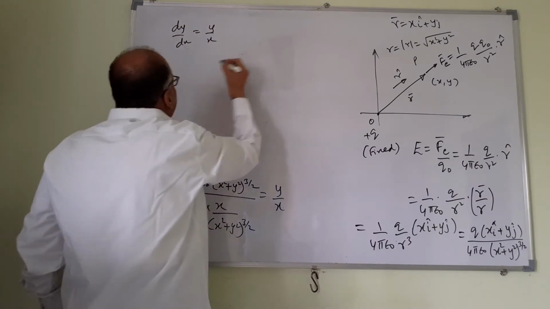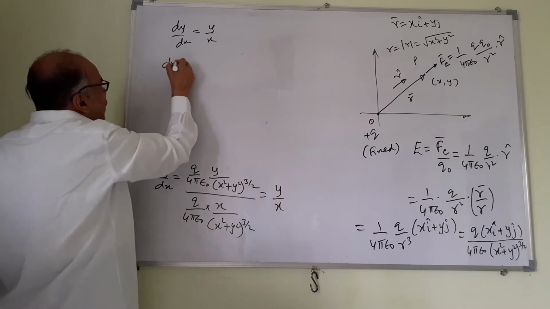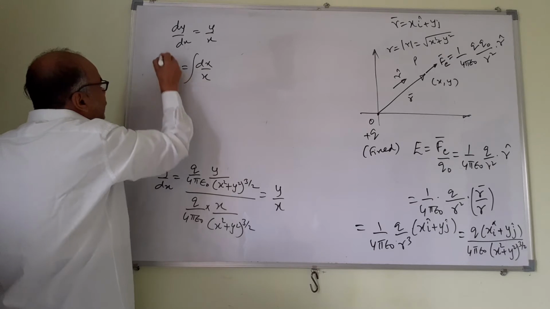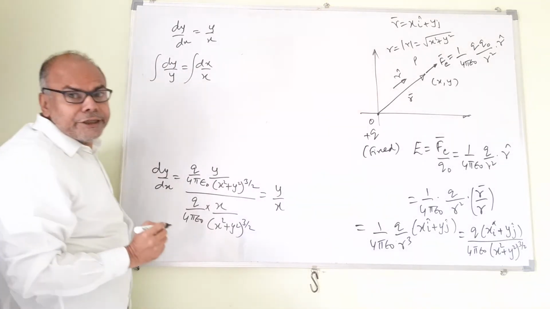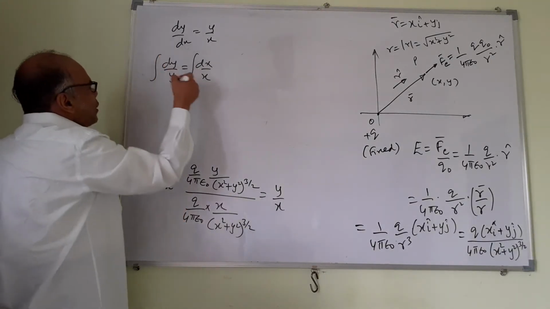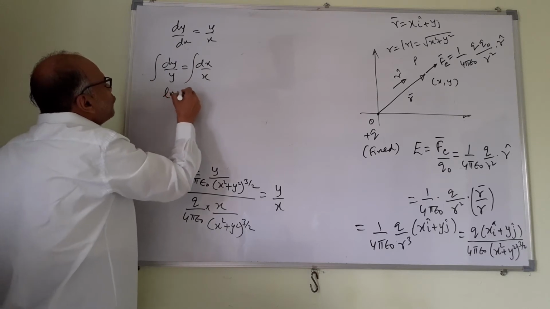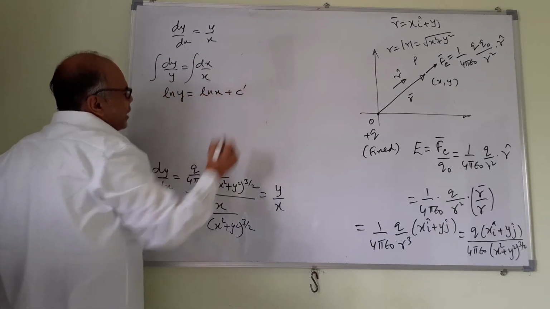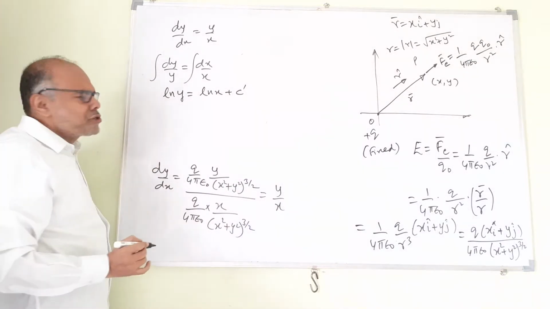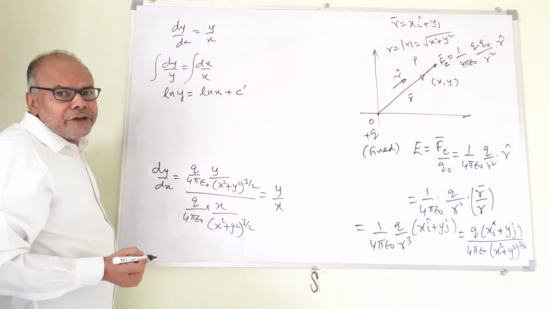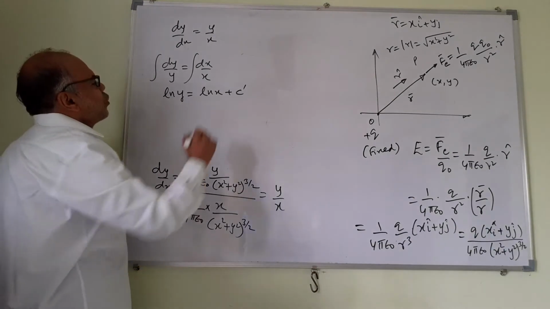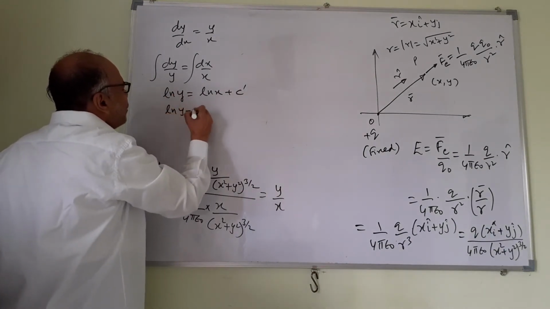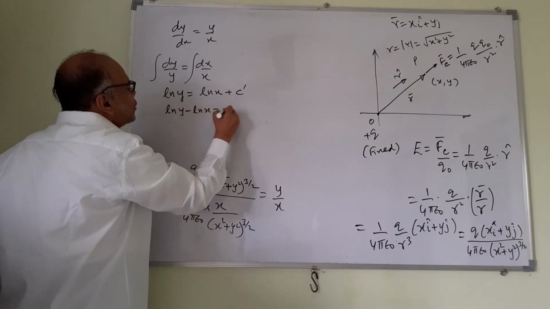So I can now write this as dy by y is equal to dx by x and integrate. It's an indefinite integral. There are no limits we are putting. So this will be ln y is equal to ln x plus some c dash, an integration constant. Remember, when you do indefinite integrals, you have to add a constant of integration. So if I bring this to one side, I get ln y minus ln x equal to c dash.